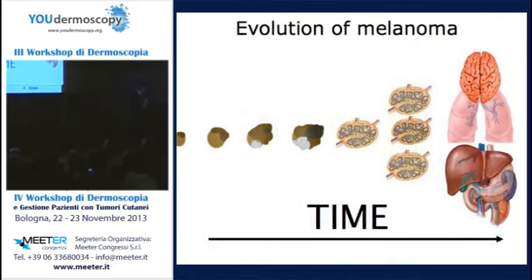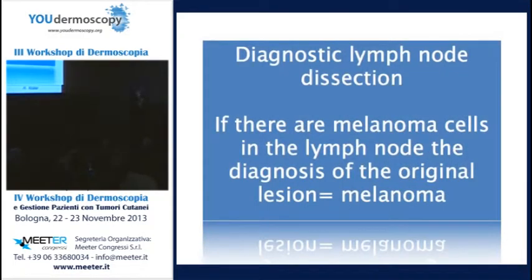This is the concept. The theory behind that is if there are melanoma cells in the sentinel node, then the original lesion should be a melanoma. This sounds at least theoretically logical, but is this really true?